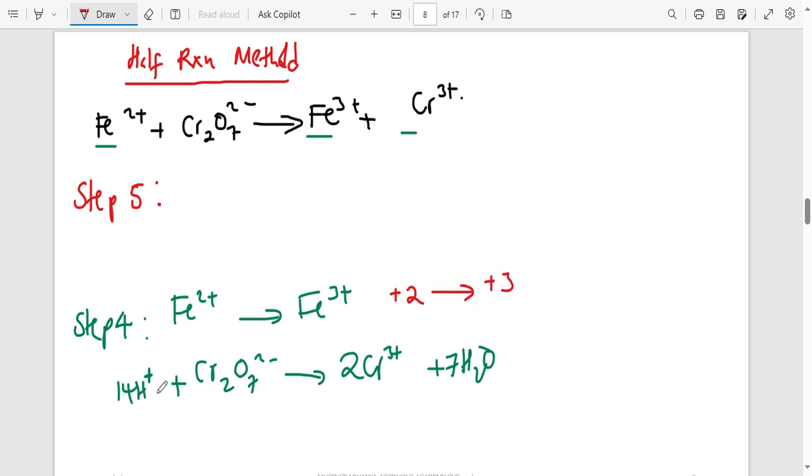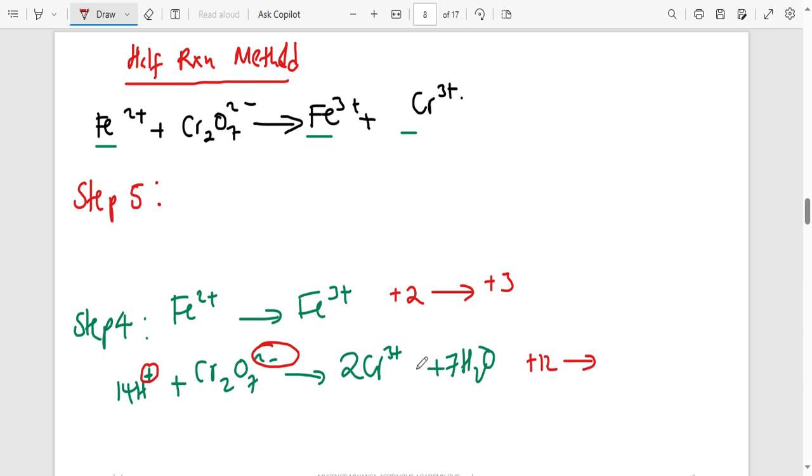For the other reaction, you have 14 hydrogen ions on the reactant, and also a negative 2 charge. So we add that positive 14 and negative 2, which is going to give us a positive 12.